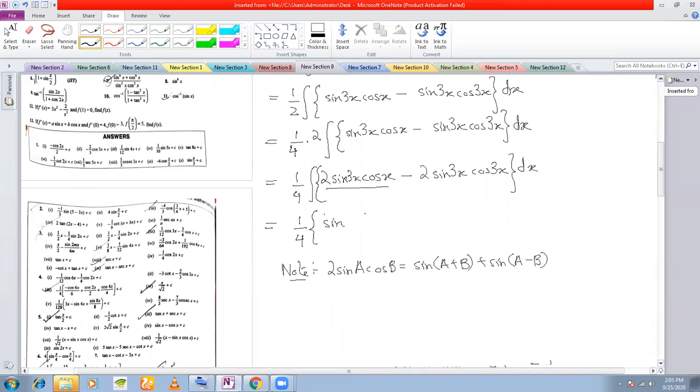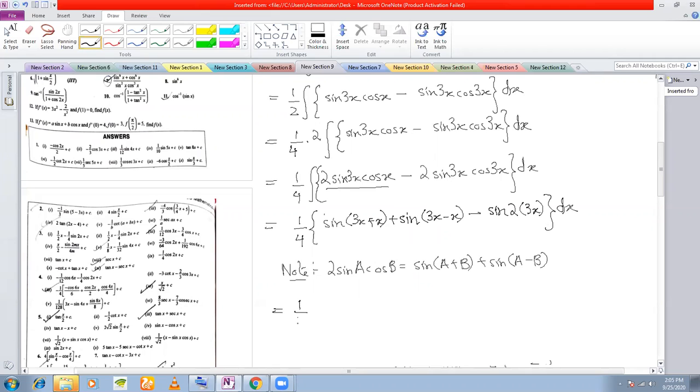Was 1/4. So this is sine(3x plus x) plus sine(3x minus x) minus 2 sine theta cos theta, which will become sine of 2 into 3x, the multiple angle formula.